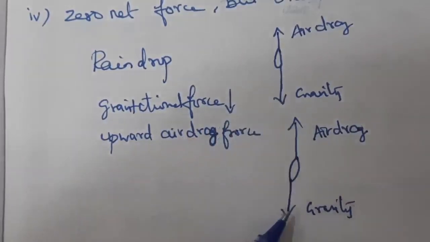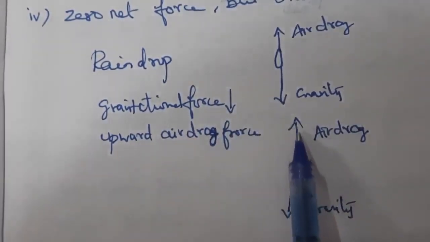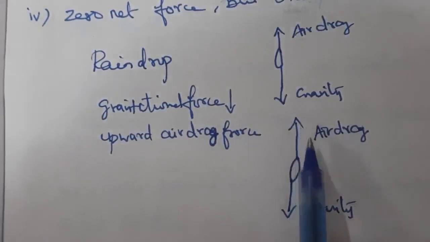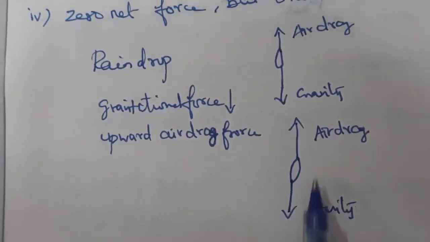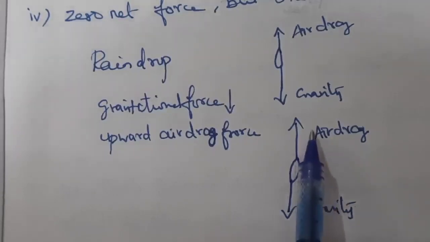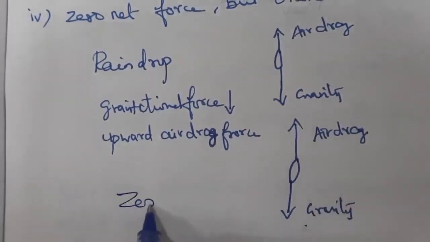And when the raindrop descends down, this air drag force increases and it cancels with the downward gravity. So from this we can understand there is zero net force. This upward force and this downward force get cancelled, equal and opposite. So there is zero net force acting on it.